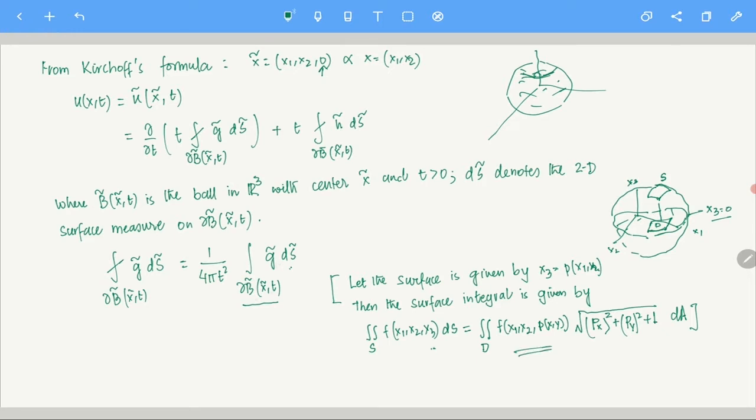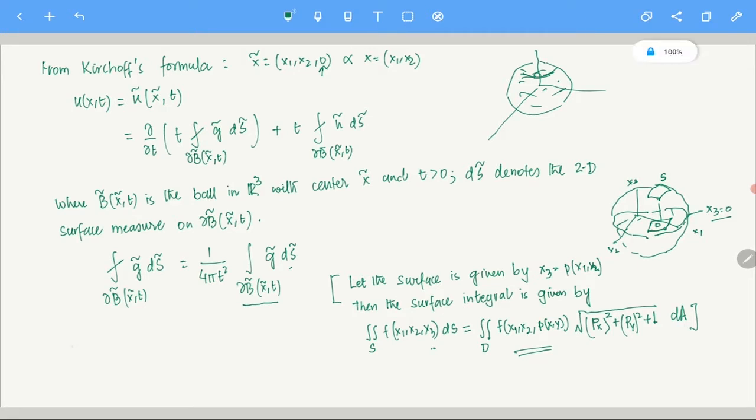So you see, for us, this g tilde, if you think about it, this g tilde is independent of the third variable, right? Yes or no? Just think about it for a moment. If you want, you can pause the video and think about what I am saying, that g tilde does not depend on y3.